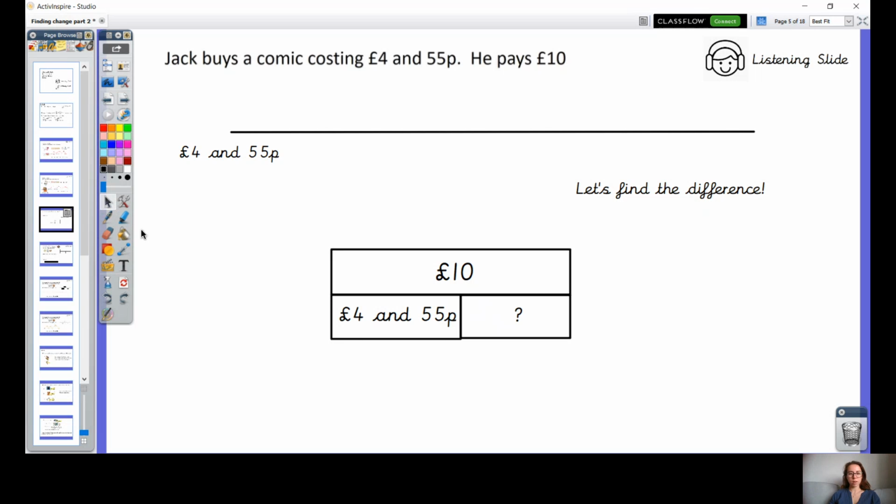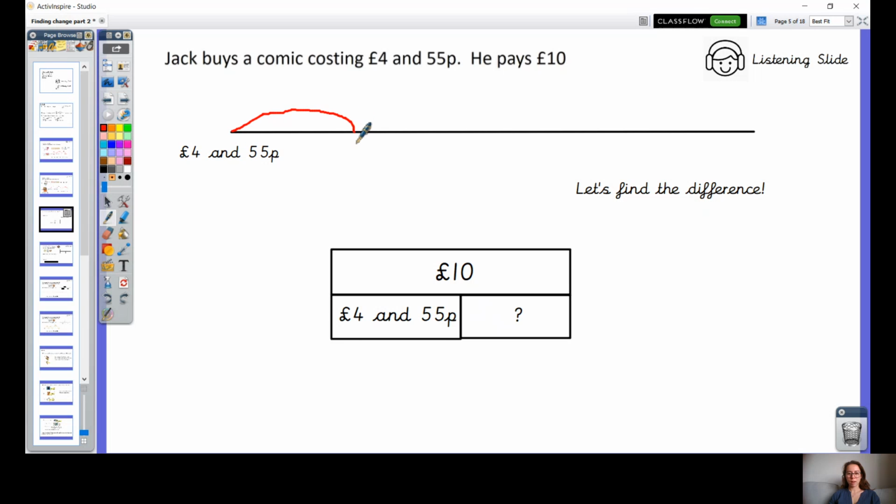So again, we need to find the difference. We're going to start with the £4.55 on the number line, and we want to jump up until we get to £10. So am I going to be looking at my pounds first, or am I going to be looking at the pence first to help me? What do you think?